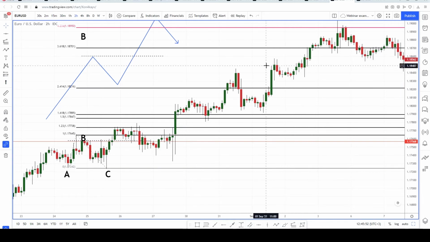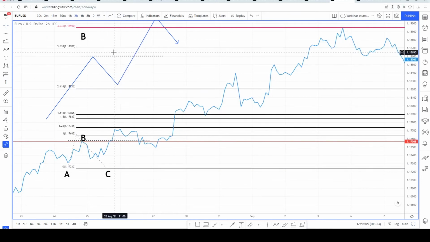Yeah, Carlo, line graph makes a lot of sense. Sometimes it's a little difficult to read the chart with the candles, the wicks and everything. But when you have the line chart, it very clearly shows you the trend. Market is making higher highs and higher lows.